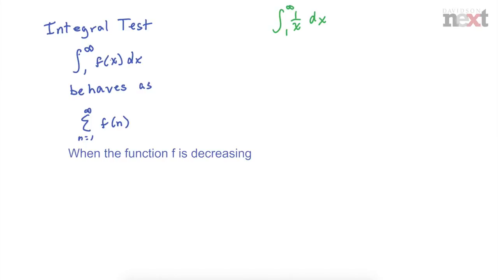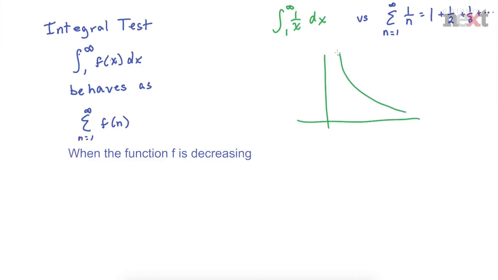We're going to compare this to the infinite series 1 over n. This is known as the harmonic series. It's a very well-known series. Even though the nth term of this series goes to 0, we can show that this series diverges. A quick picture will illustrate that.